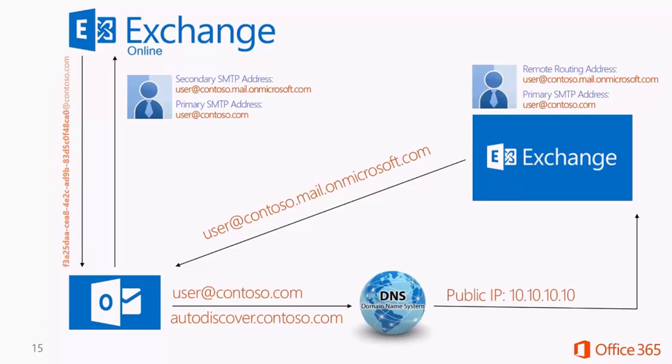So it will return to my Outlook client the redirection to contoso mail.onmicrosoft.com, and the same steps will be made for this domain. We'll end up with the request to Exchange Online, because mail.onmicrosoft.com is pointing to Office 365, and from there the correct settings of the mailbox will be retrieved.